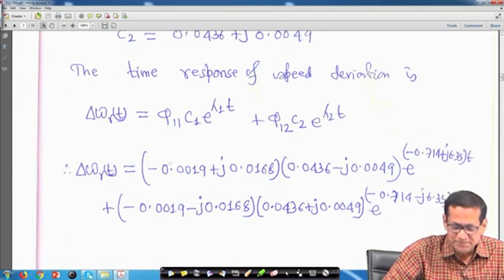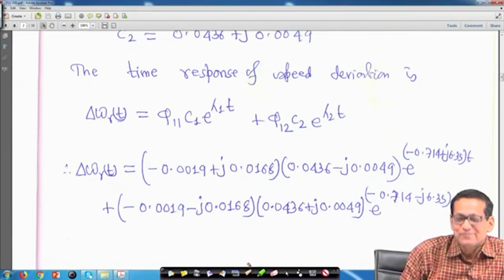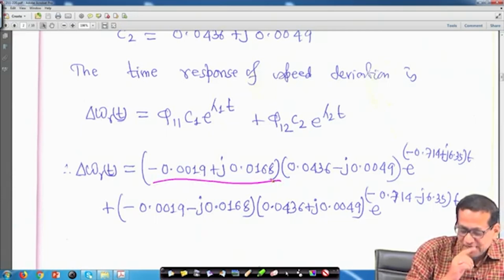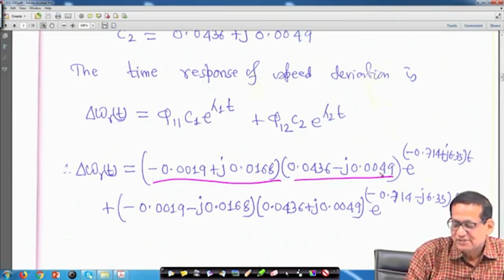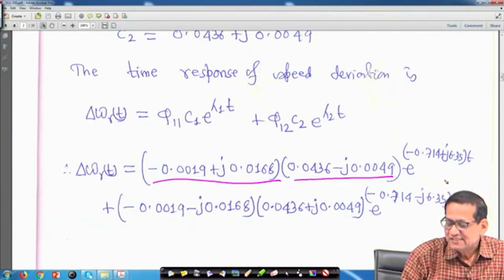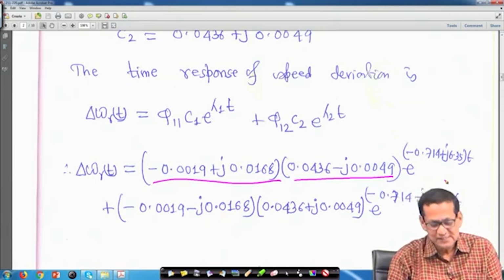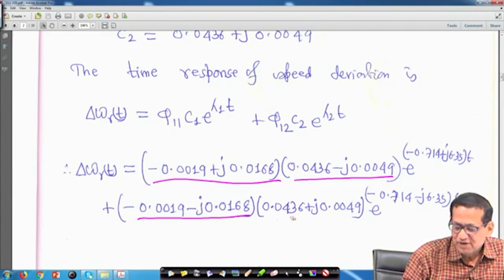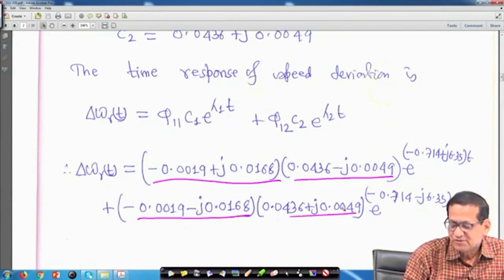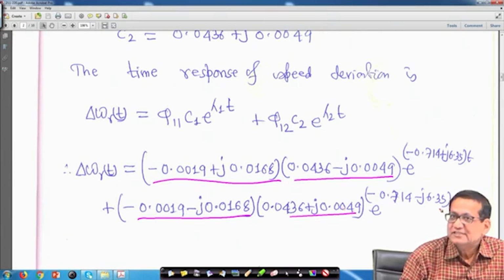It will be in this very complicated form: phi 1 1 is minus 0.0019 plus j 0.0168 and C 1 is 0.0436 minus j 0.0049, then e to the power lambda 1, which is minus 0.714 plus j 6.35, into t, plus phi 1 2 minus 0.0019 minus j 0.0168, then C 2, 0.0436 plus j 0.0049, e to the power minus 0.714 minus j 6.35 t.